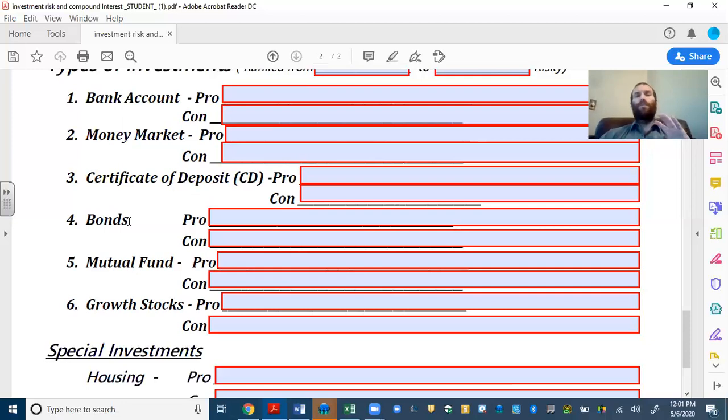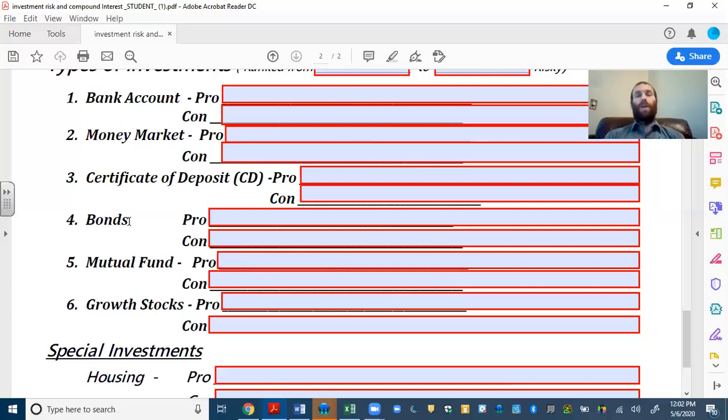So I'll try to kind of cover those as we go, and you can see the pros and cons of bonds. And I'll focus mostly on U.S. government treasury bonds because they're very, very safe. So a pro of a bond is going to be its risk. U.S. treasury bonds are very safe. Do keep in mind, junk bonds, very unsafe. They're from firms that tend to be guaranteed to fail or have a very difficult time paying you back.